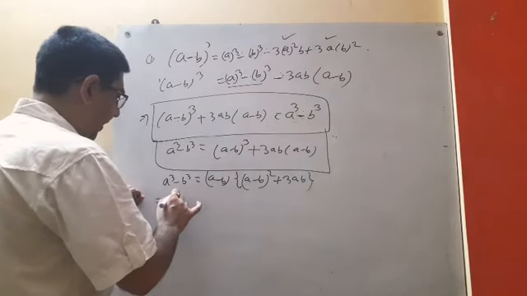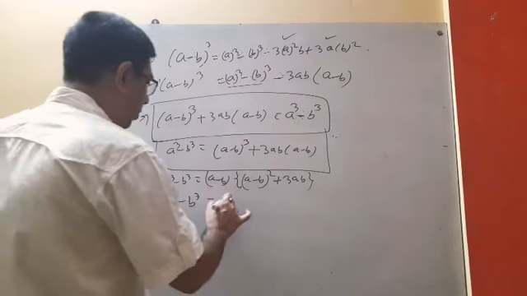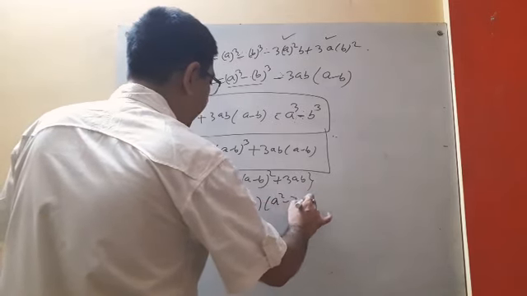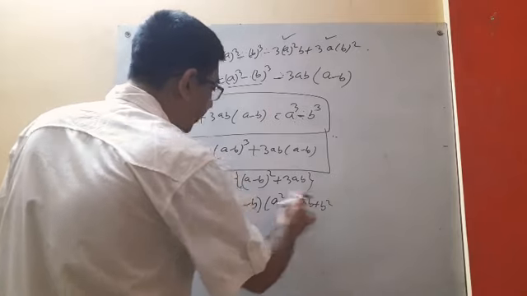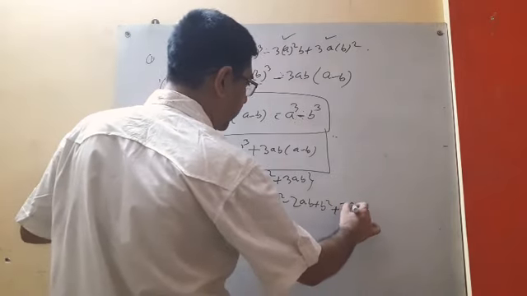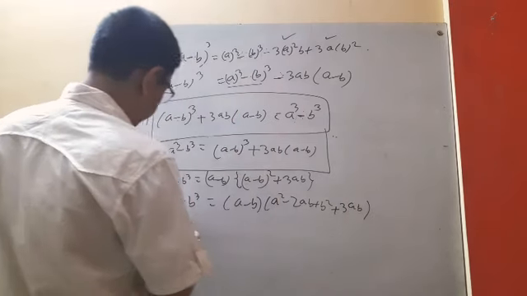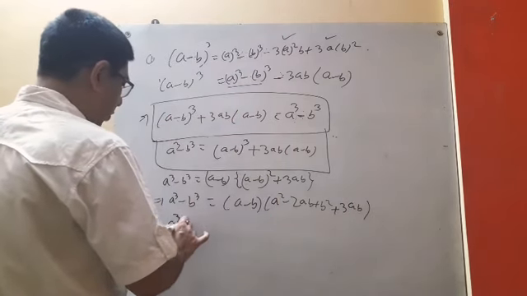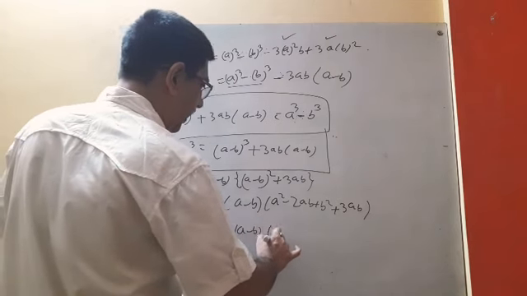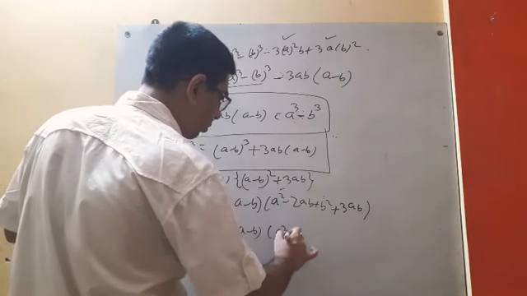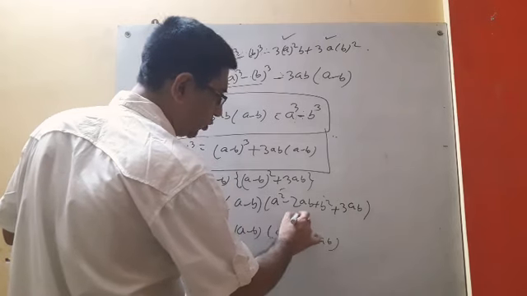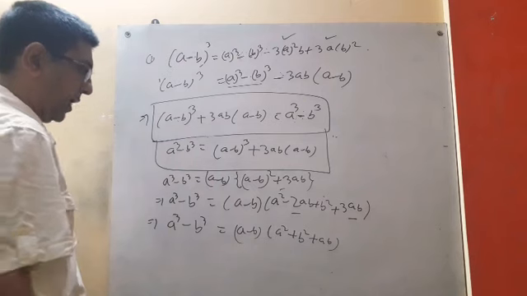So we get a cube minus b cube equals a minus b into a square minus 2ab plus b square, because this is the formula of a minus b whole square, plus 3ab. So we are getting a cube minus b cube equals a minus b into a square, and b square we are writing, and this is plus ab. Why? Minus 2ab and plus 3ab gives plus ab.